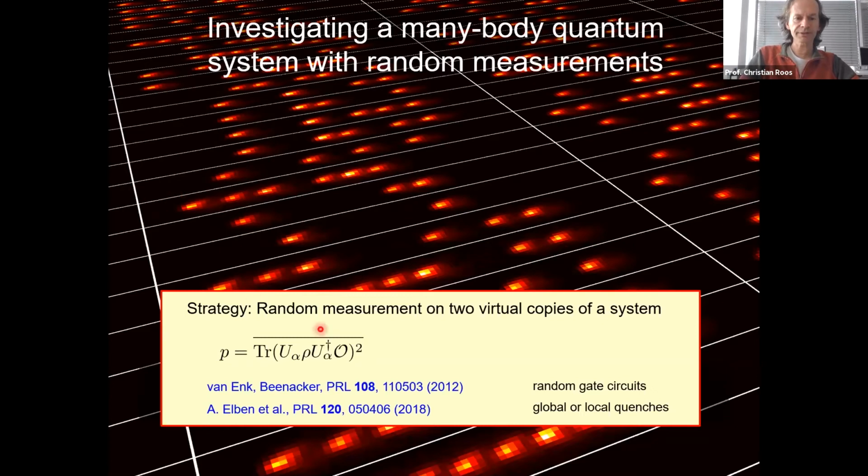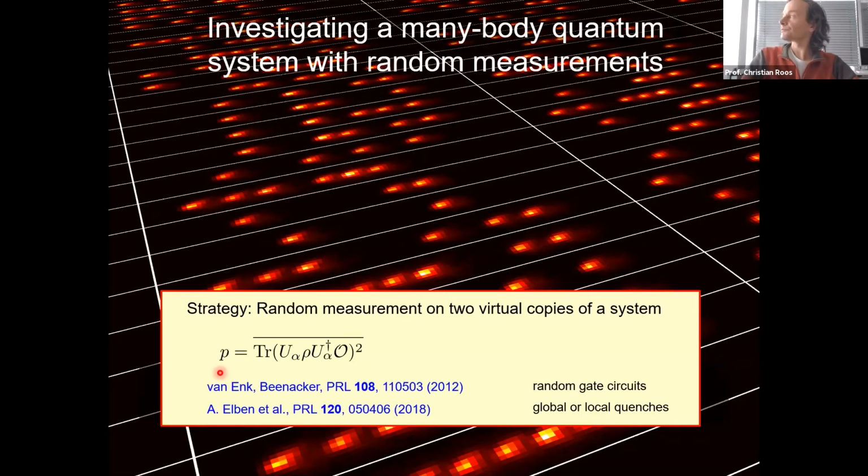And it turns out that if you have a density matrix that you have available in your lab, and you carry out some set of random unitary operations, U alpha, and then carry out a measurement of some observable, and you average over these random unitaries that you have chosen with the right amount of randomness, then you get access to the purity.